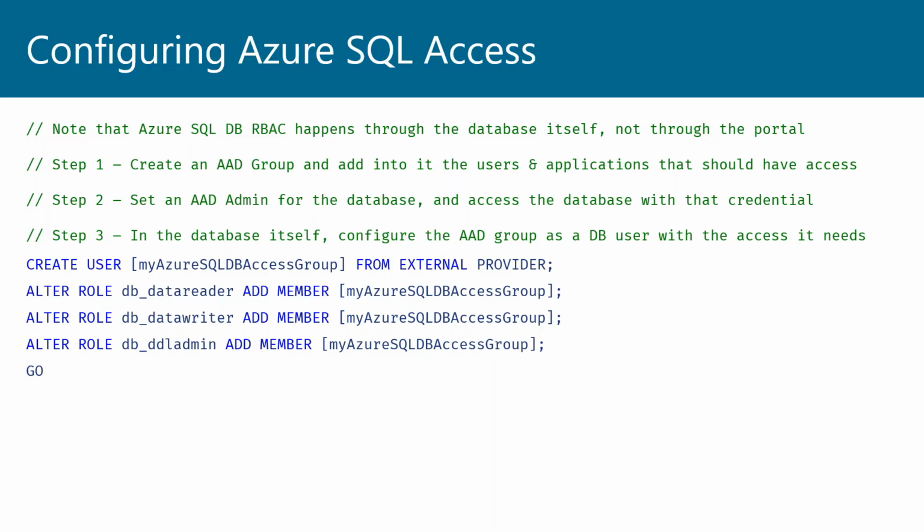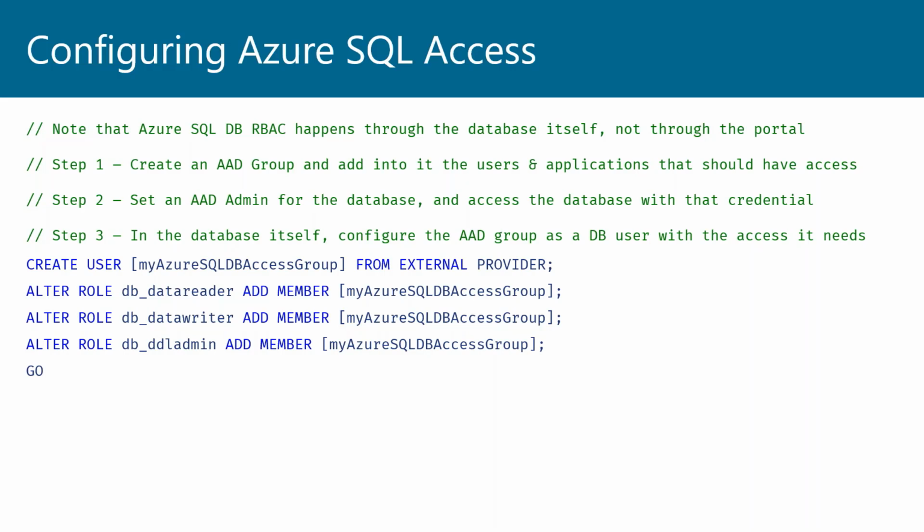First, the recommended approach is, rather than assigning an individual user, create an Azure Active Directory group and add to it the users and applications that you will need to access the database. Then set an Azure Active Directory administrator for the database in Azure and access the database through a SQL tool of some kind with that credential.